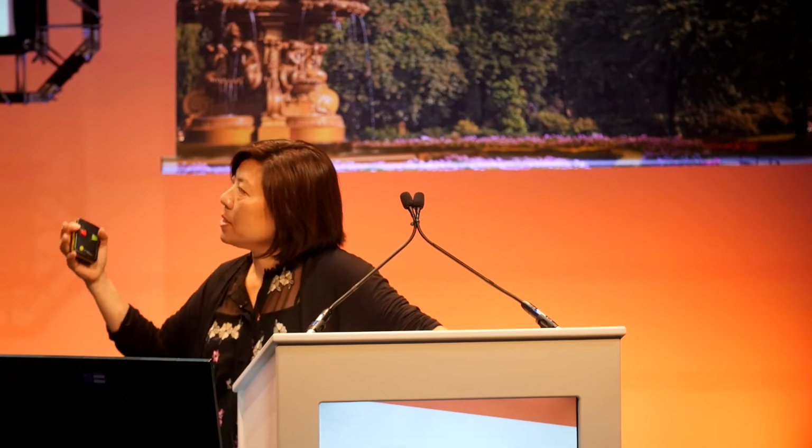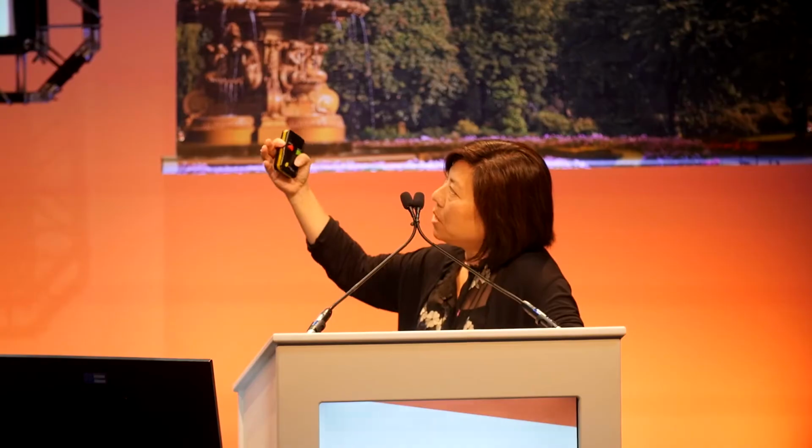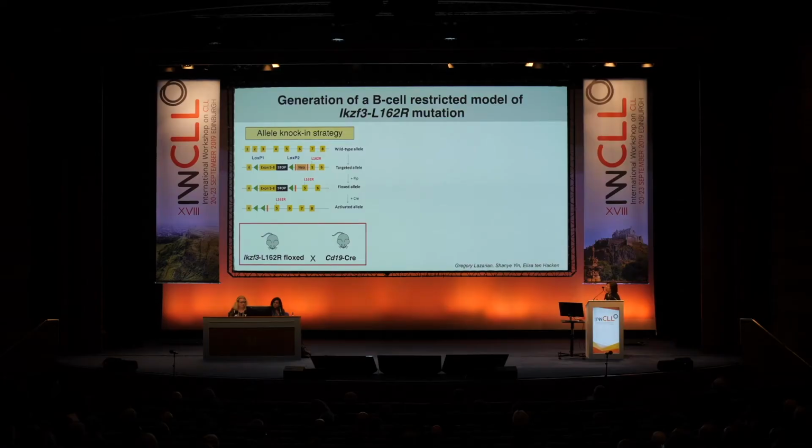Furthermore, in looking at the CLL8 cohort together with the German CLL study group, we could see an increase in CCF of IKZF3 in the setting of resistance to chemoimmunotherapy. So we went along the strategy of creating a mouse line to model mutated IKZF3 in a heterozygous fashion that would be expressed in the presence of Cre.